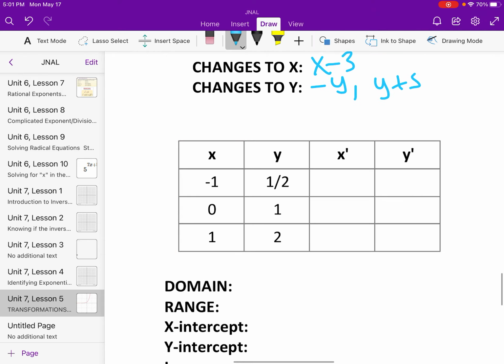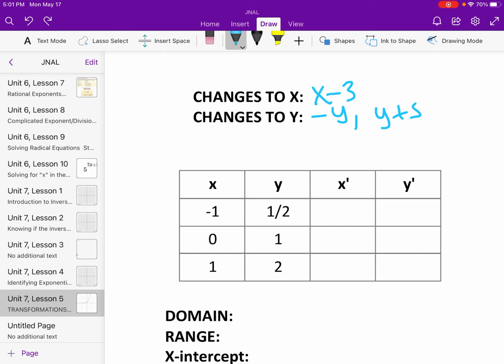Now, it's important that we do this in a certain order, since we have 2 y operations. Because if you didn't do it in the same order, you would get different answers. You need to know that we do our sign changes, which really means multiplying by a -1. So sign changes and multiplication or division first, then our adding and subtracting.